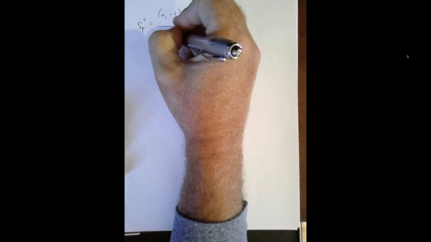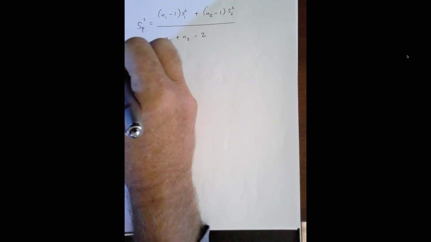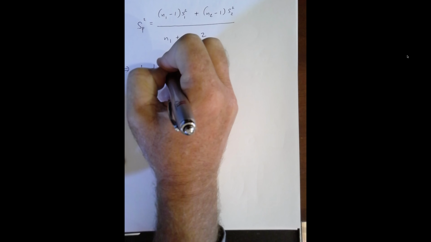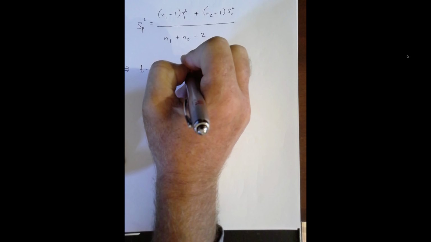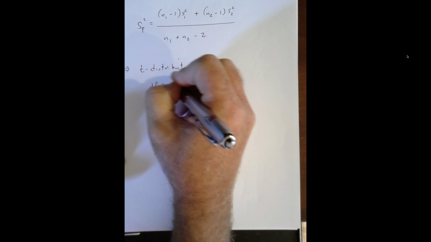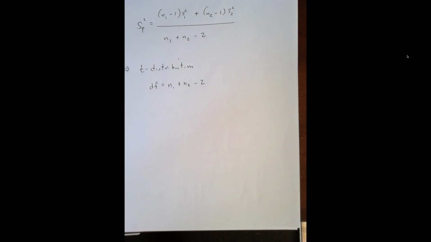And then the denominator is just N1 plus N2 minus 2. And, you know, it turns out that the distribution that models this, of course, is the T distribution. And the degrees of freedom for this distribution are N1 plus N2 minus 2.